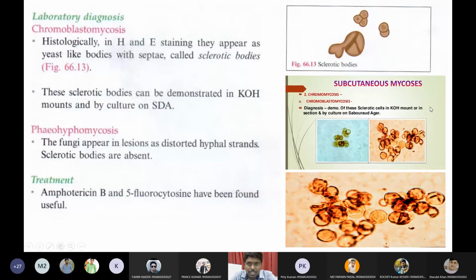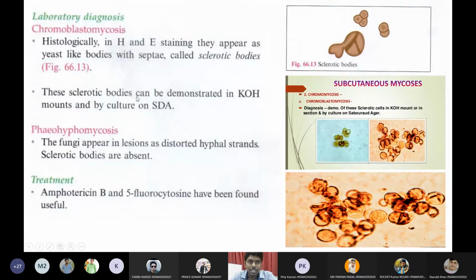These sclerotic bodies can be seen in biopsy specimens of the patient's tissue. You will take a small piece of the patient's tumor and observe it under the microscope with H&E staining. Whenever you are taking a biopsy, we will go with H&E staining, right? Upon H&E staining, we can see these sclerotic bodies. The presence of sclerotic bodies is a characteristic feature to identify this chromomycotic infection.